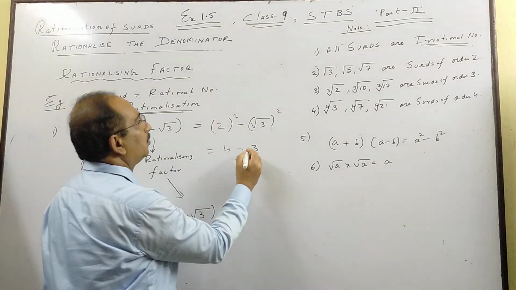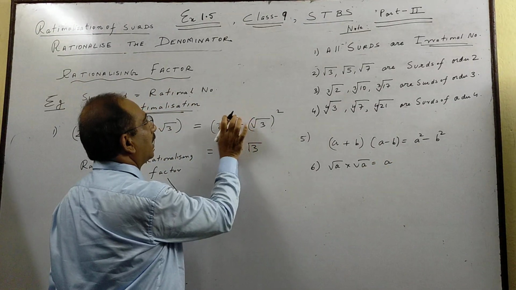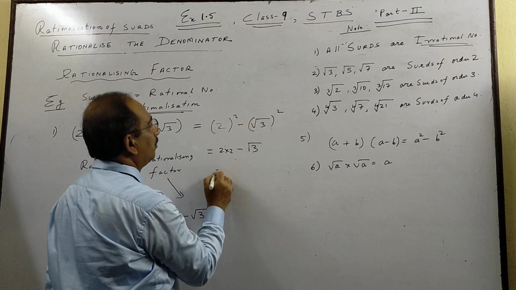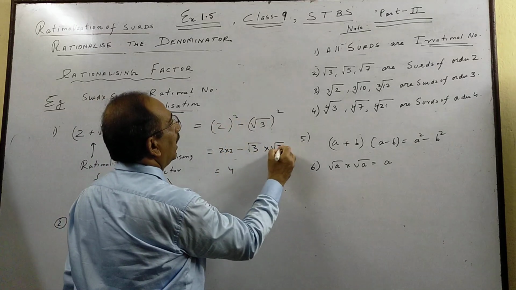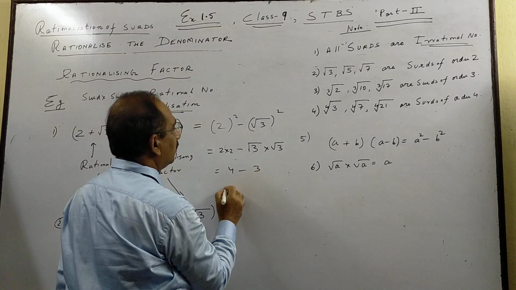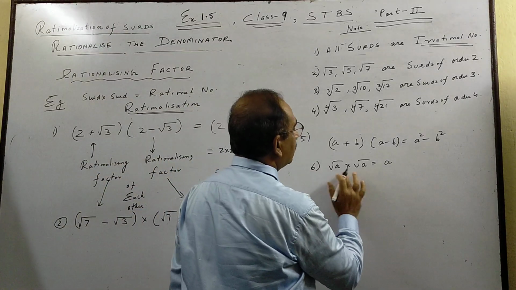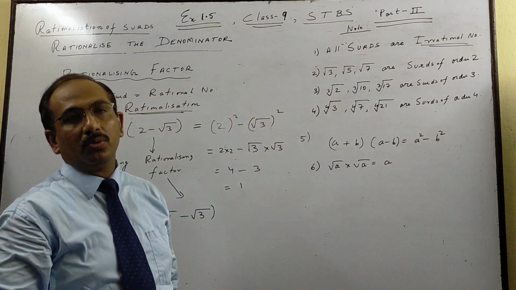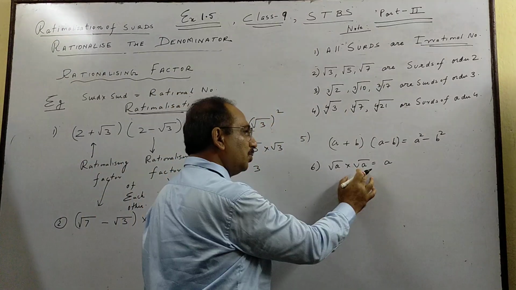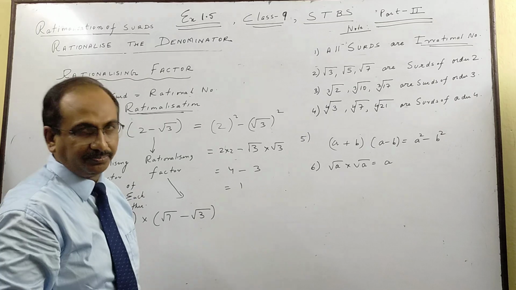So root 3 into root 3 you can write like this. One more step: this is 4, and root 3 into root 3 gives you 3. We get 1.